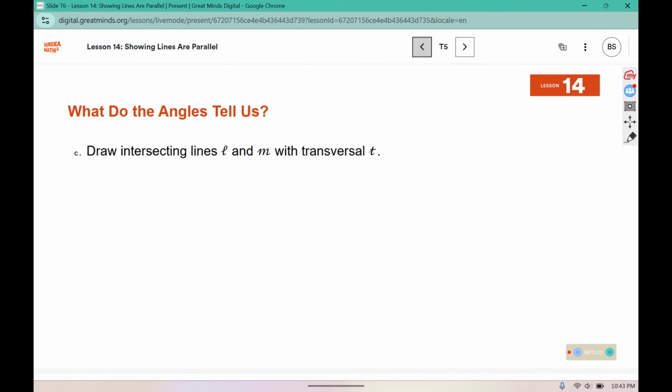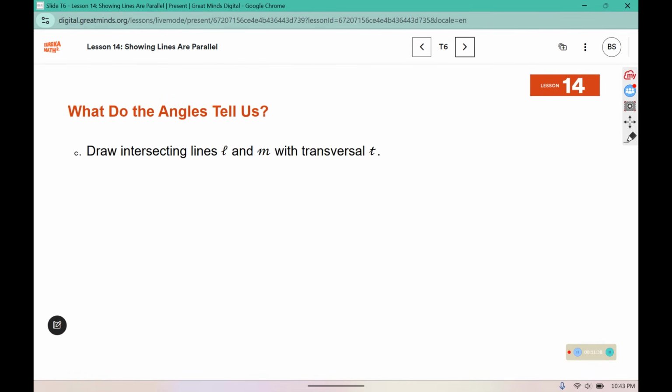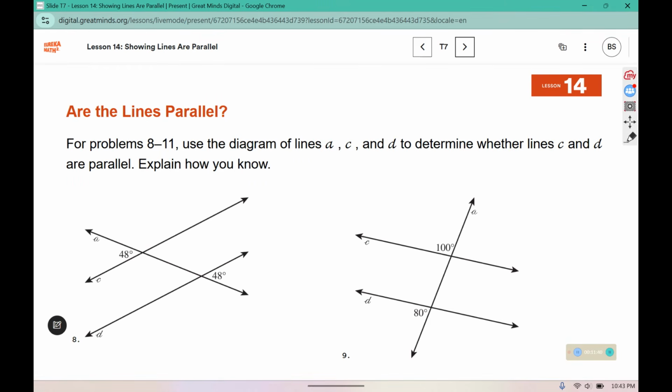If it's not parallel, that won't be congruent. Not parallel, not congruent. That's true. And we said these have to have the same truth value. So that means A is also true. So now we know if the lines are parallel, those angles are congruent. And if those angles are congruent, then the lines have to be parallel.